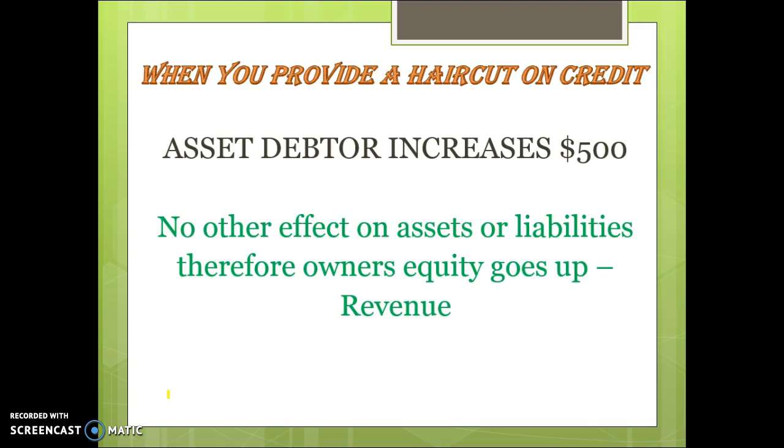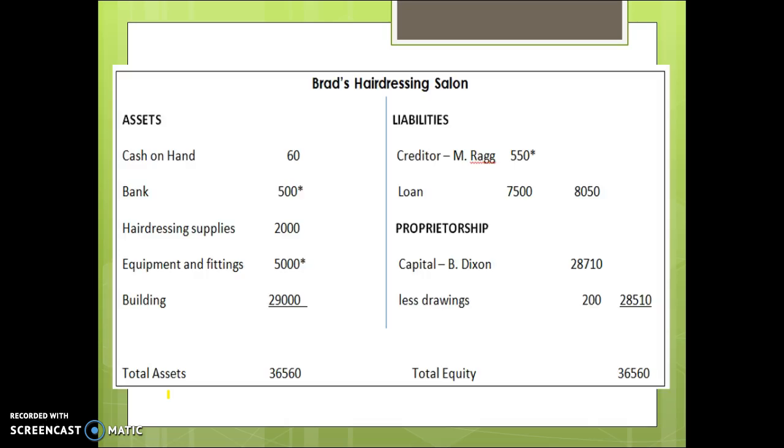So here's an example. When you provide a haircut on credit, asset debtor increases $500 because they owe you money. There's no other effect on assets or liabilities, therefore owner's equity must go up to keep both sides in balance, and that would be an example of a revenue. In this case here, you would have an increase in the bank account on this side.